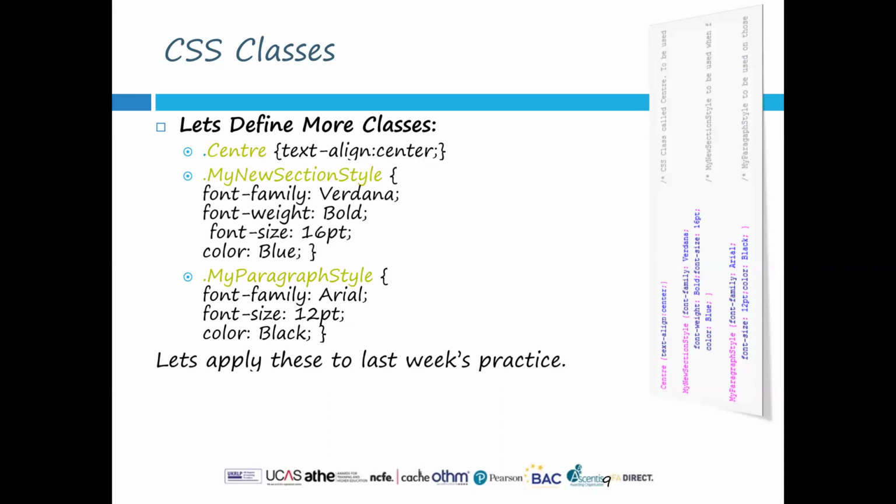We have another class called my new section style, where we have defined some values. We wanted a specific font family, a specific font width and font size, and also a column. We can do so also for my paragraph style. Even the paragraph can have its own specific font family, font size, and column.